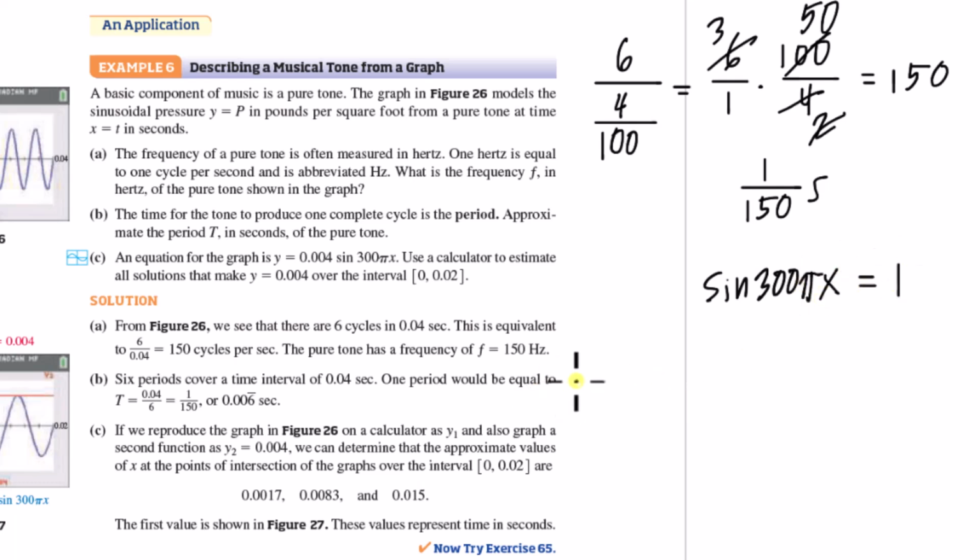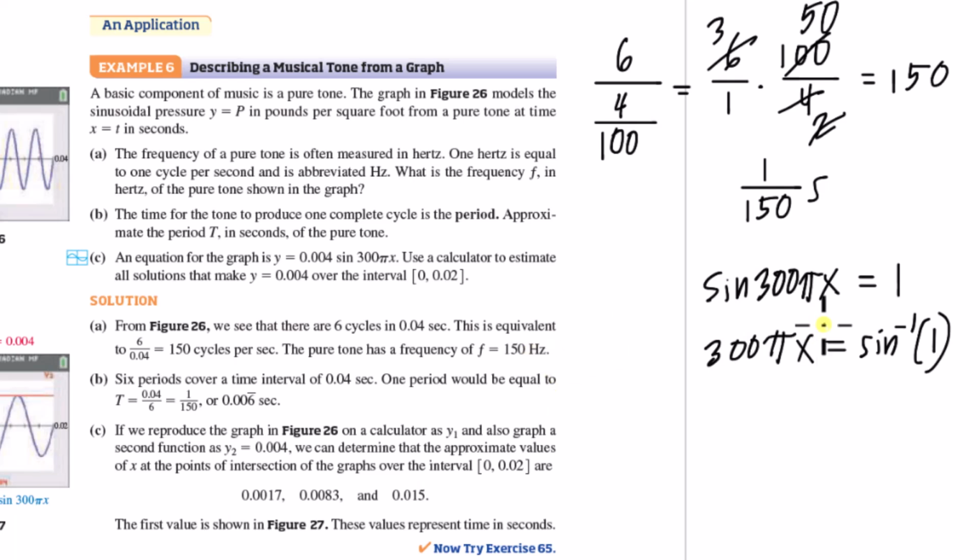You divide both sides by 0.004, and so you're just saying that 300 pi x is equal to inverse sine of 1. X is going to be time in this case, and it's the same idea.